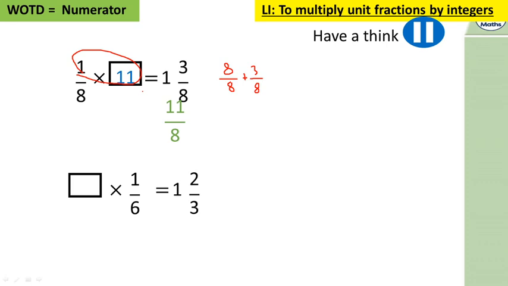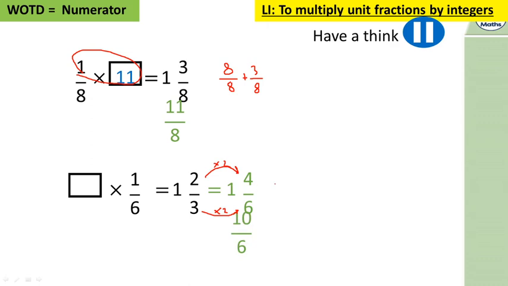Right, let's look at the next one. Remember, we had to make those denominators the same. So 1 2/3 is the same or equivalent to 1 4/6. And to do that, you multiply 3 by 2 to get 6. Whatever you do to the bottom, you do to the top. You multiply 2 by 2 to get 4. So how many 6ths in 1 4/6? If we make that into an improper fraction, which is 10/6.